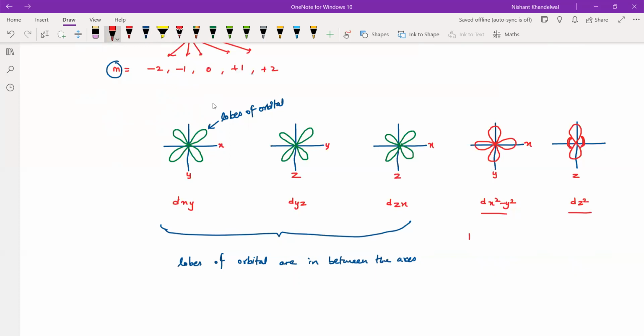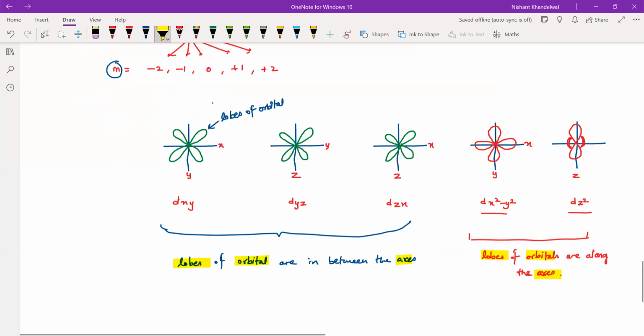And in these two cases, the lobes of the orbitals are along the axes, lying on the axes. This is the most common and very important difference.